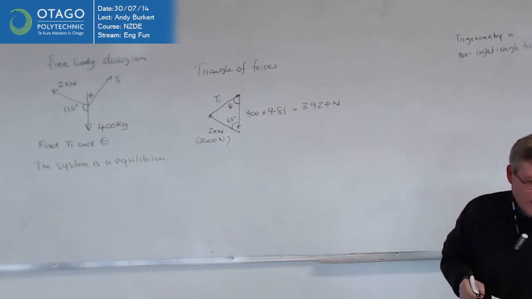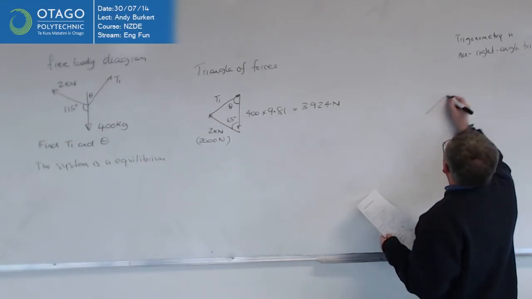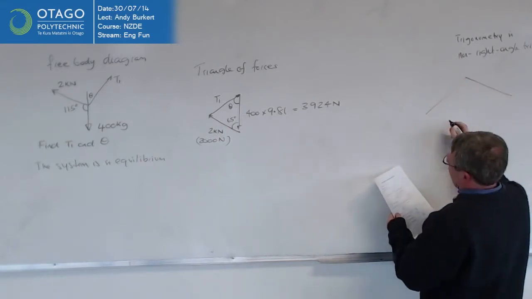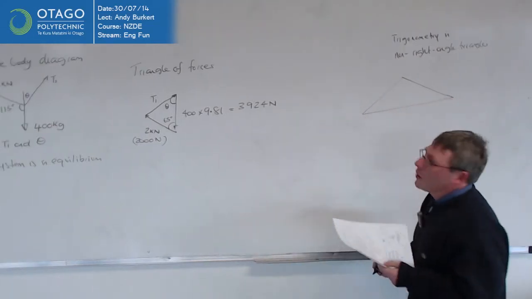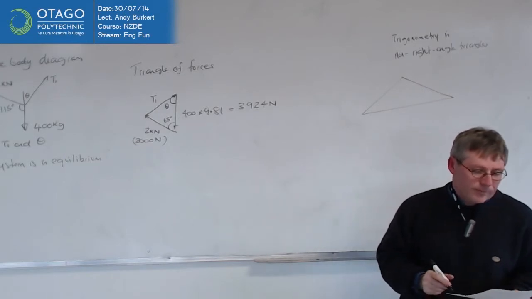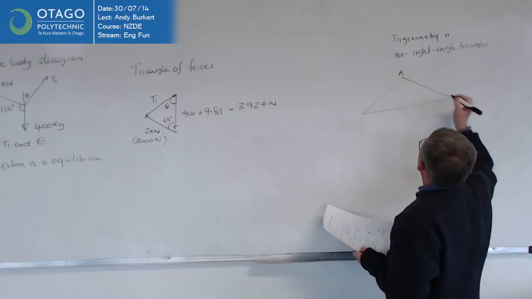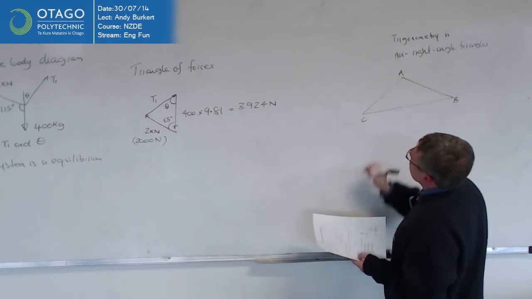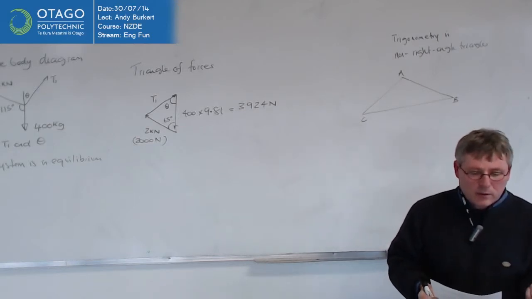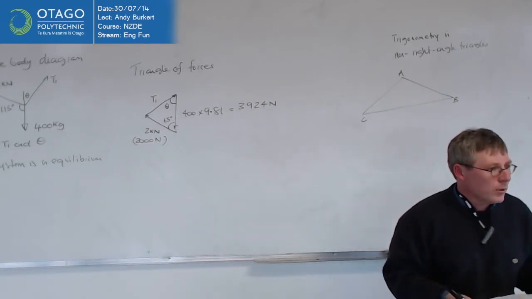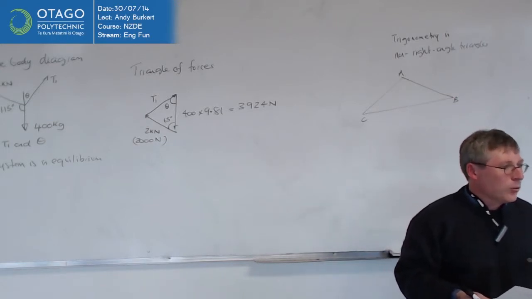Okay, so if we have a non-right angled triangle, we're going to label the angles A, B, and C, and then when we use sine rule and cosine rule, the side has the same letter as the angle opposite it.